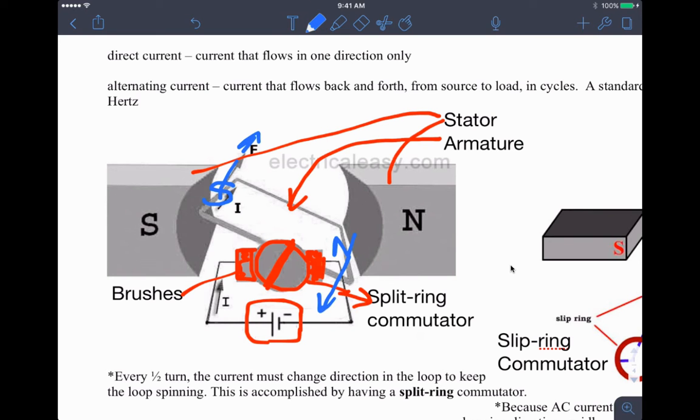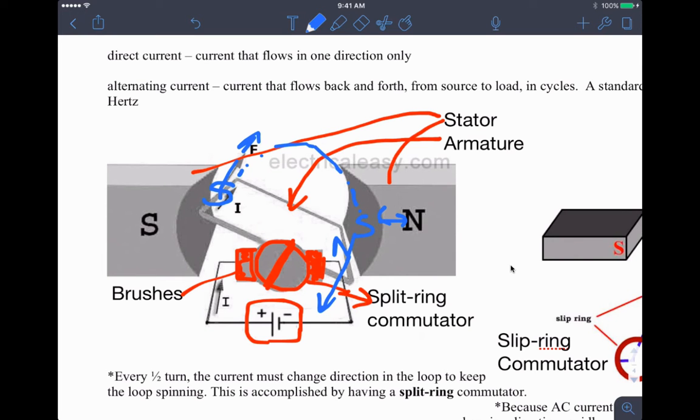Okay. But if you can imagine in your mind, once this loop gets all the way over to here, now you'd have a south pole and a north pole, and they would just be attracted to each other and it would stop spinning.